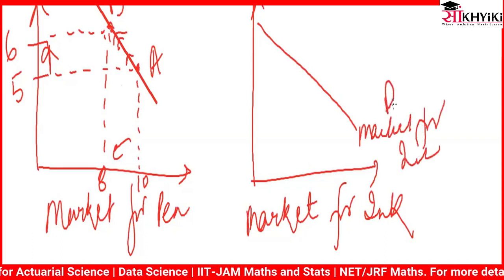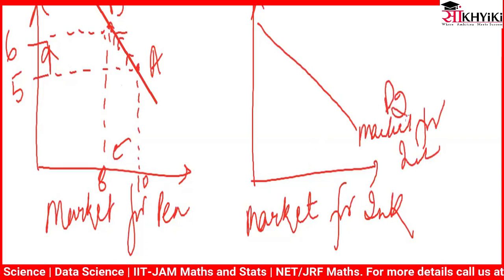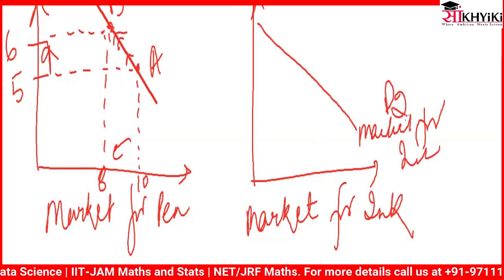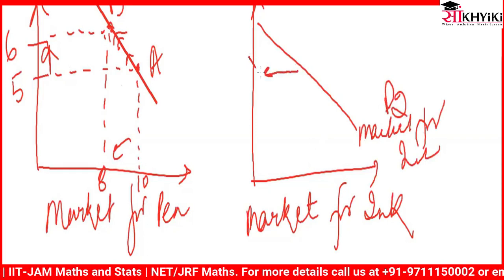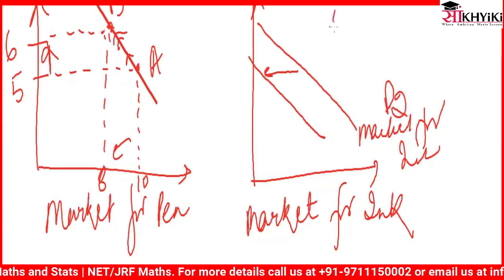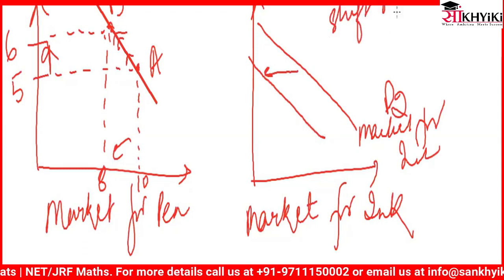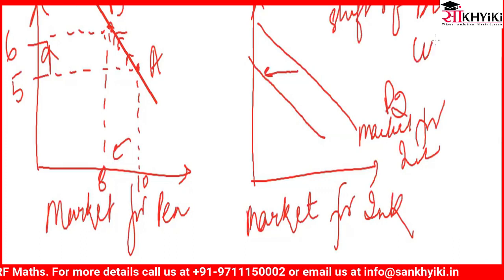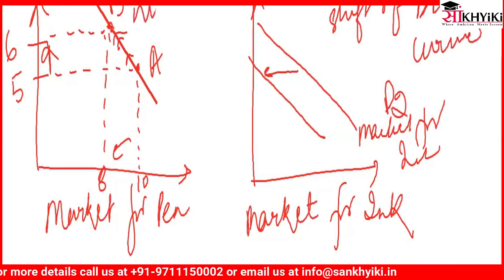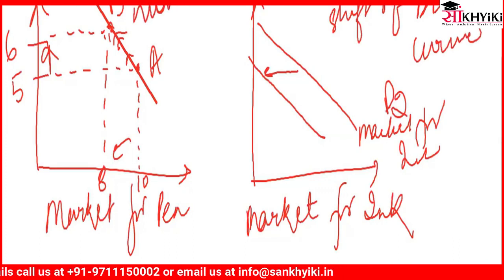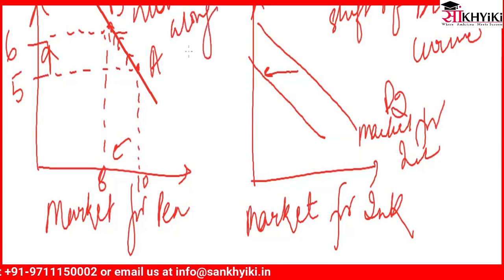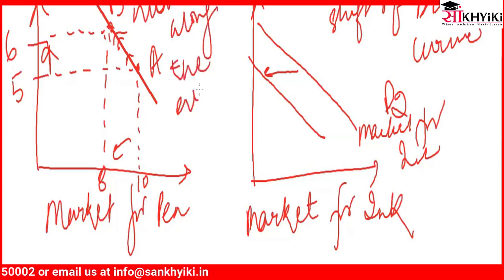And because you would now require less ink also, the demand curve is going to shift backward. So there is a shift of the demand curve, and here there is a movement along the curve. Okay, so that is how things are for complementary goods.